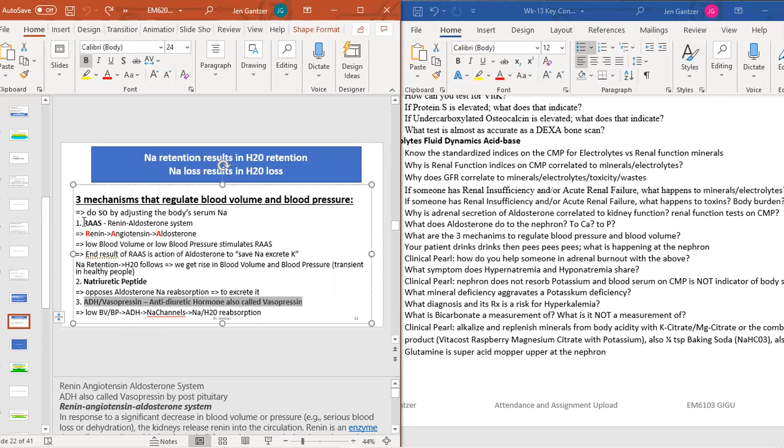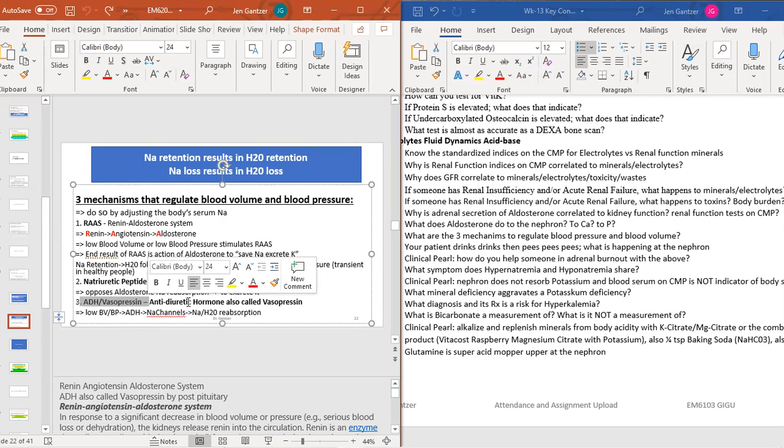So RAS, which ends with the secretion of aldosterone to save sodium. When sodium is going to drop, we actually have the heart, which secretes your natriuretic peptide. So aldosterone and the natriuretic peptide act on sodium. And then the ADH is what saves water.